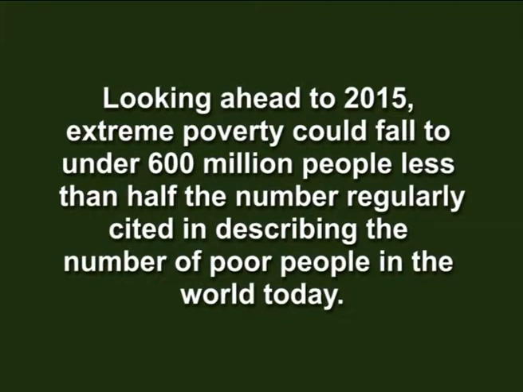Then looking ahead to 2015, extreme poverty could fall to under 600 million people, less than half the number regularly cited in describing the number of poor people in the world today. Poverty reduction of this magnitude is unparalleled in history.